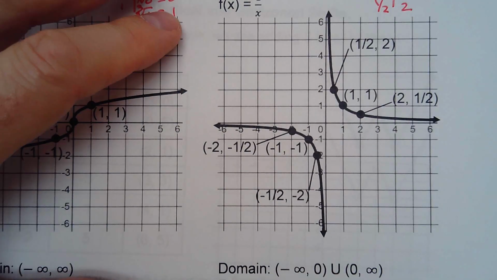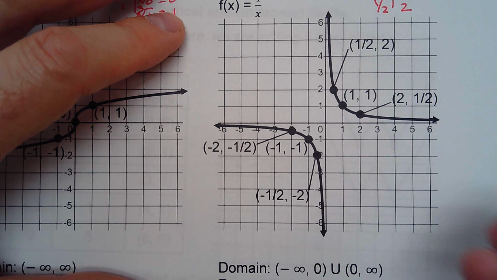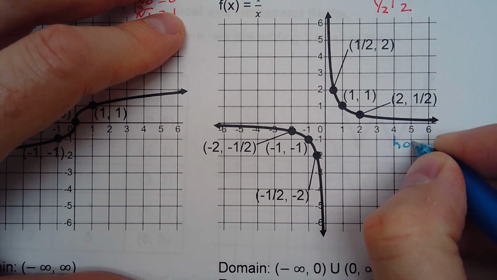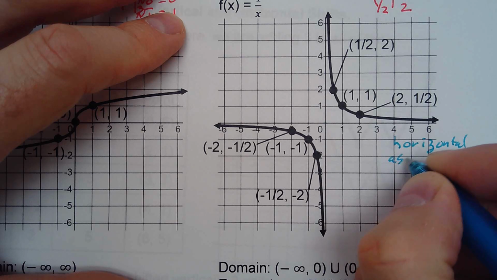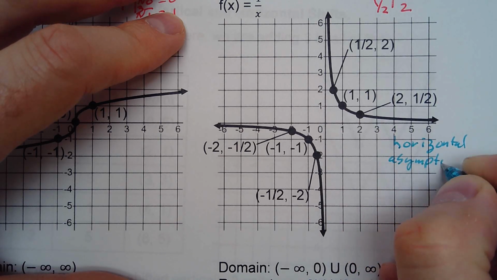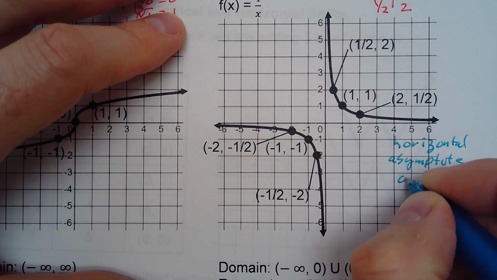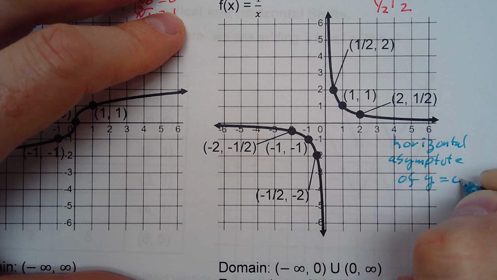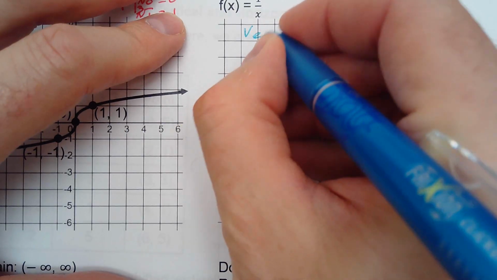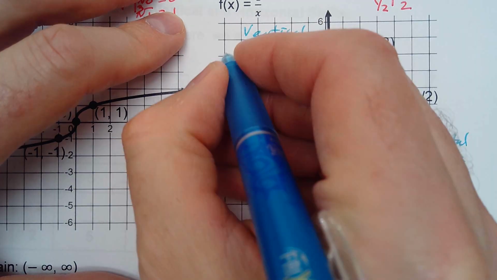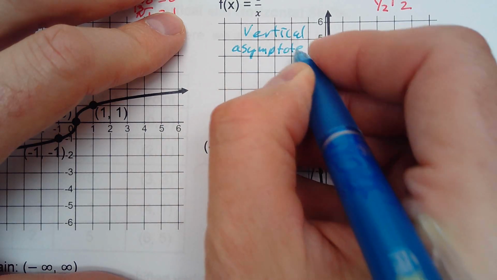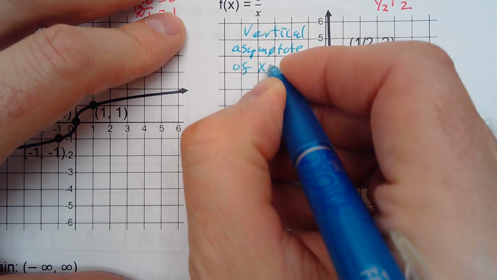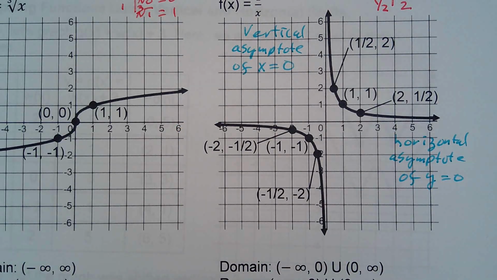So I'm just going to note here that we have a horizontal asymptote of y equals 0 and a vertical asymptote of x equals 0. Again, that's going to become important later.